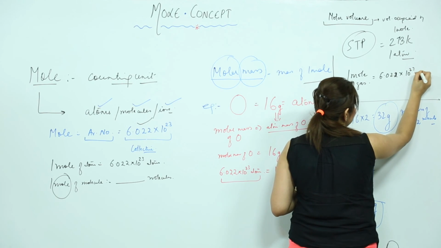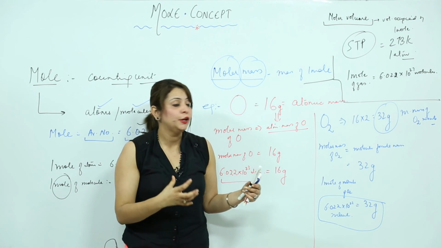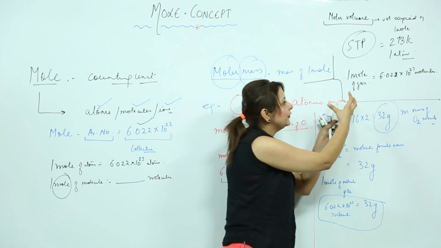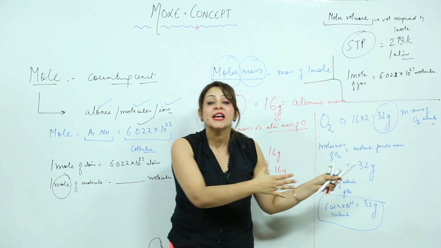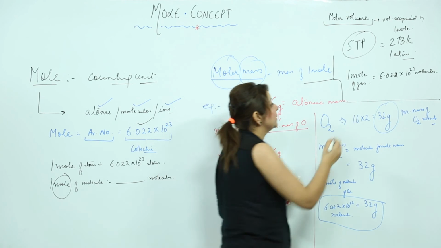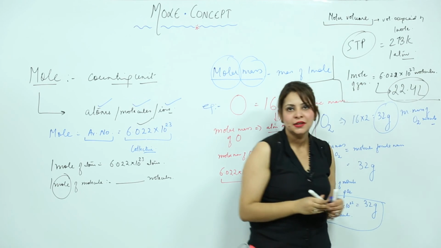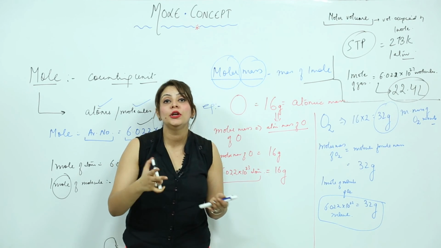It will contain this many molecules. So what is the molar volume? Molar volume says that 1 mole of gas, which contains this many molecules, at STP condition occupies a fixed volume, and that volume is 22.4 liters. So this is what the molar volume is, right?